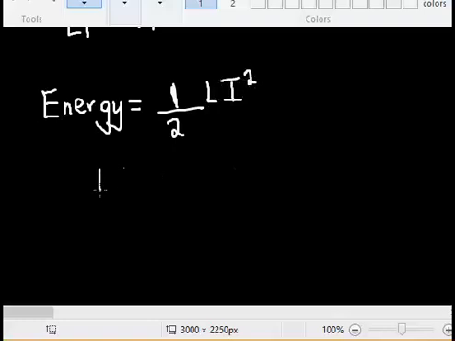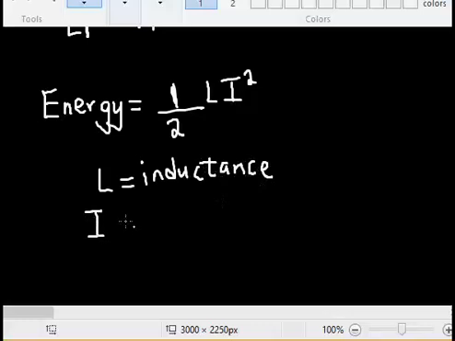Of course, you know what the L is: the L is the inductance of the inductor measured in Henry. The I is the electric current, the alternating current supplied to the inductor. So please take note of this.